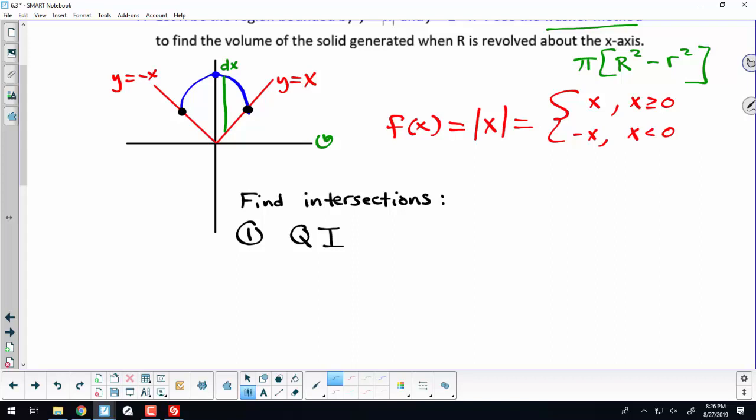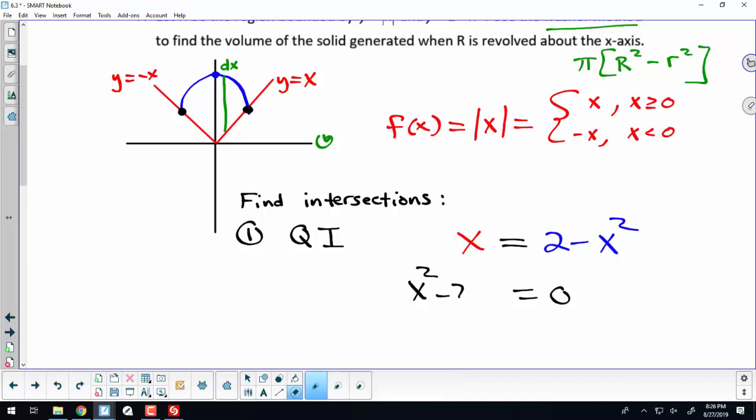So we want to know where does x equal the quadratic, right? So we're going to say, where does x equal our quadratic? And so you've got a quadratic to solve. We have x squared plus x minus 2, rather.